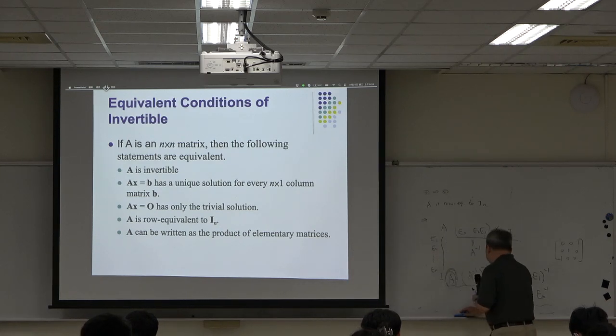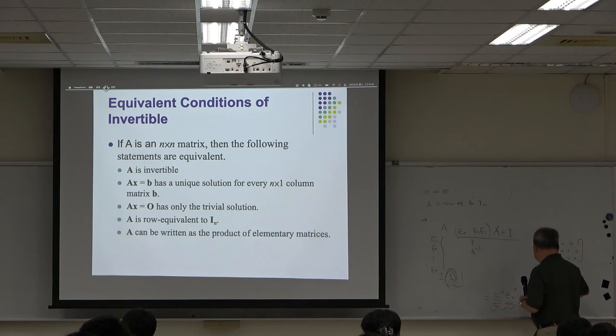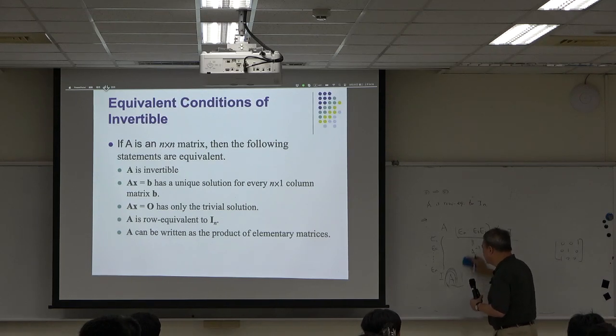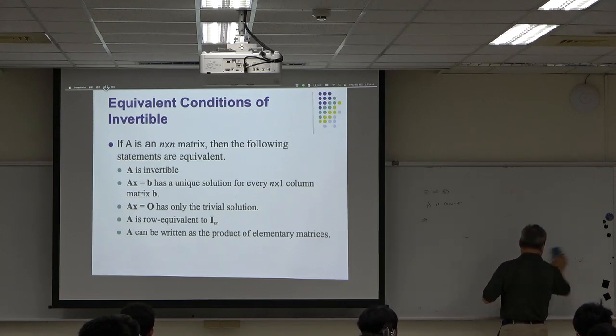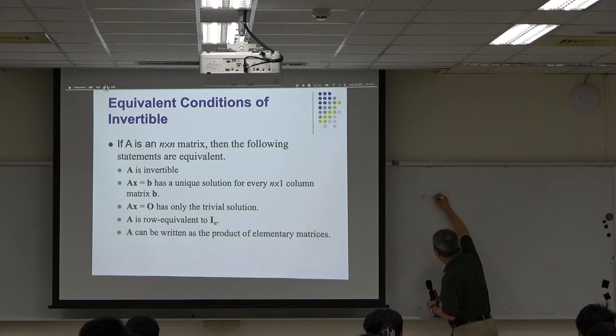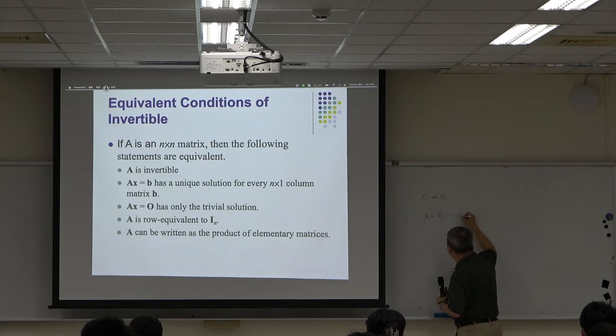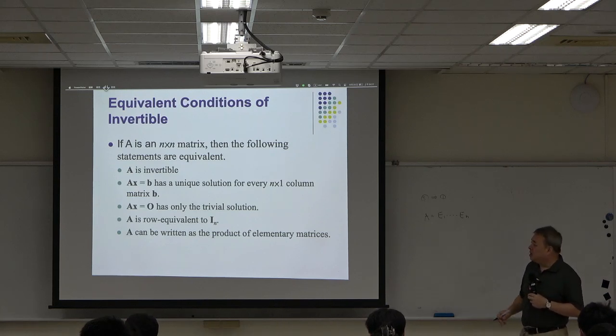So if A is E1 up to En, we say A is invertible.